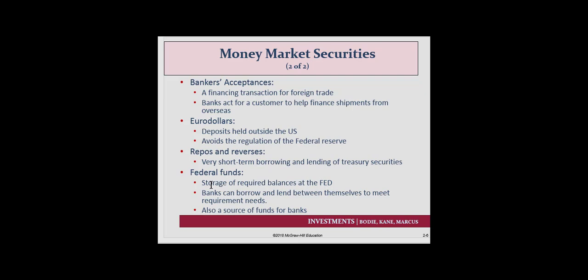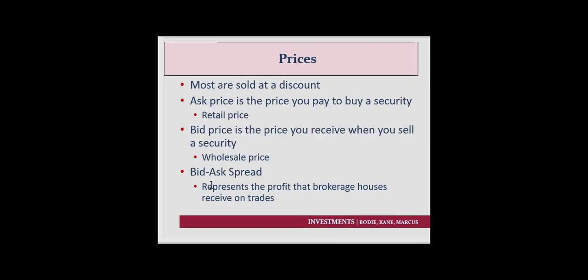And of course, the federal funds, I'm sure you've heard of that. This is actually the storage of required balances at the Federal Reserve Bank. So this is where banks can borrow and lend between themselves, and it's also a source of them to get money in order to provide that to its creditors, its investors.